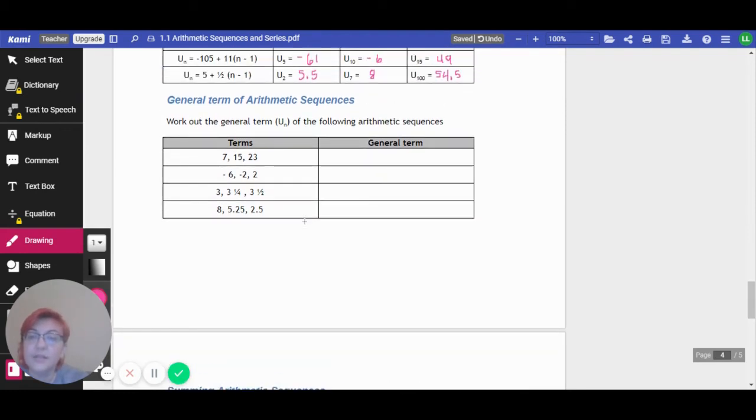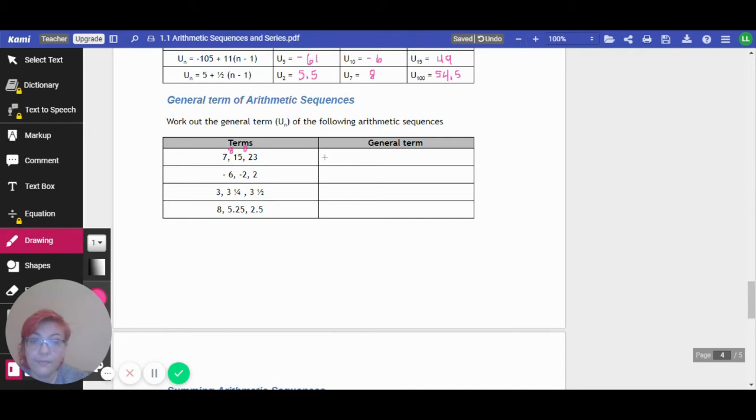All right, so here my n is 3, but I don't really need that. What I really need here is my common difference. So to get from 7 to 15, that is 8. To get from 15 to 23 is 8.